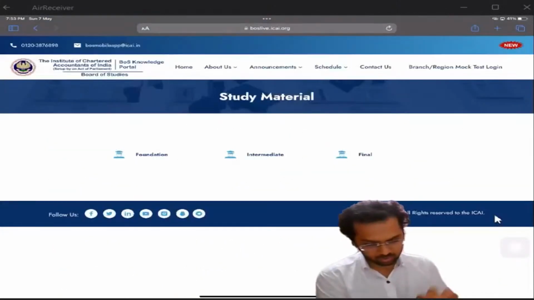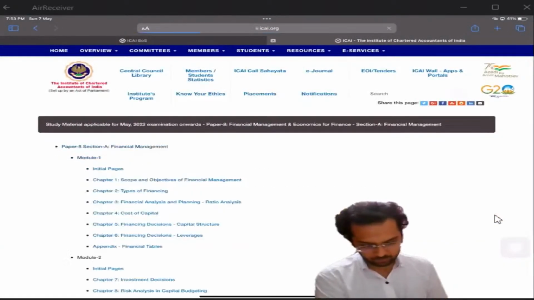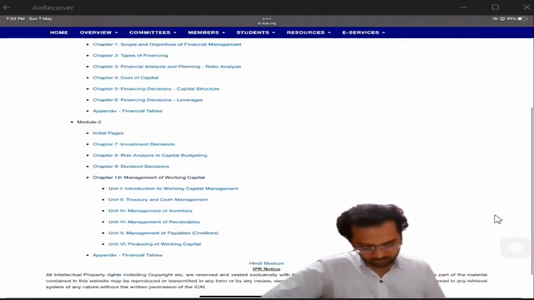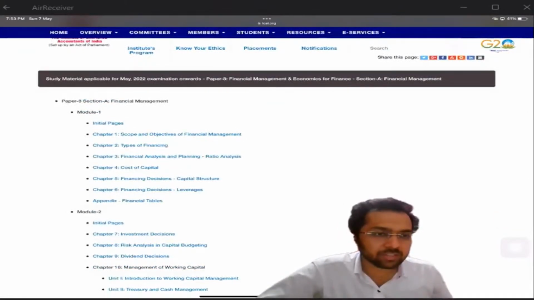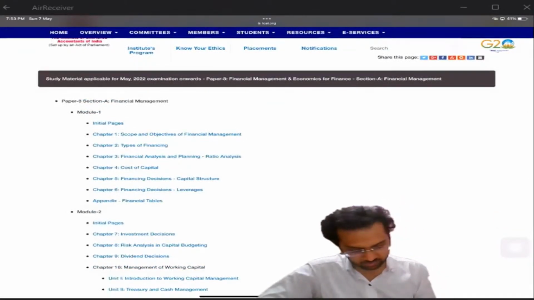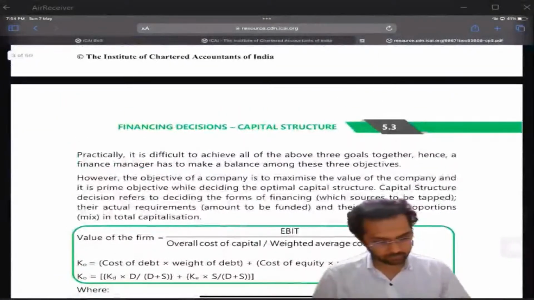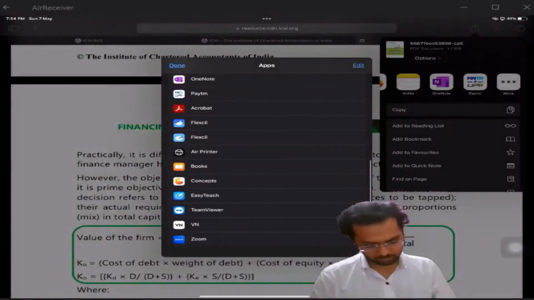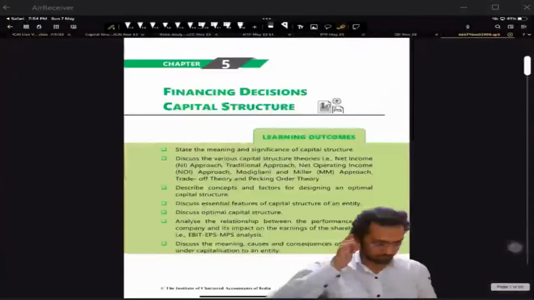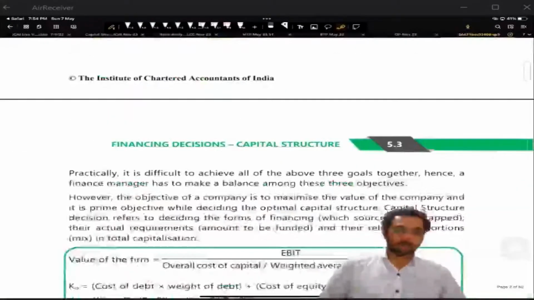Value material, intermediate, then we have the risk analysis dividend on page number 5.16.